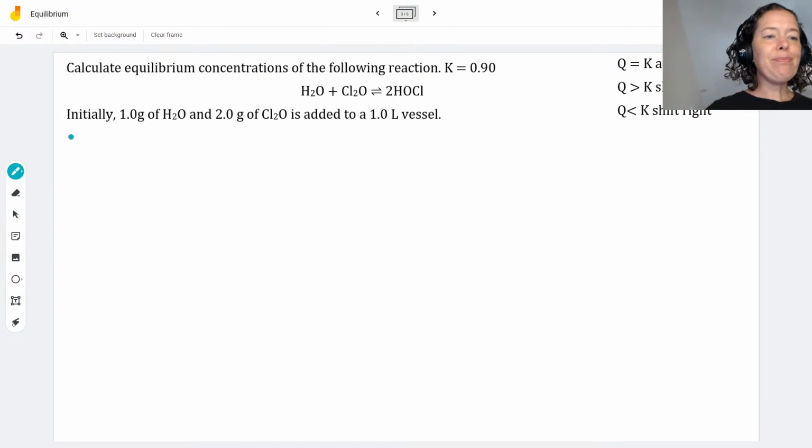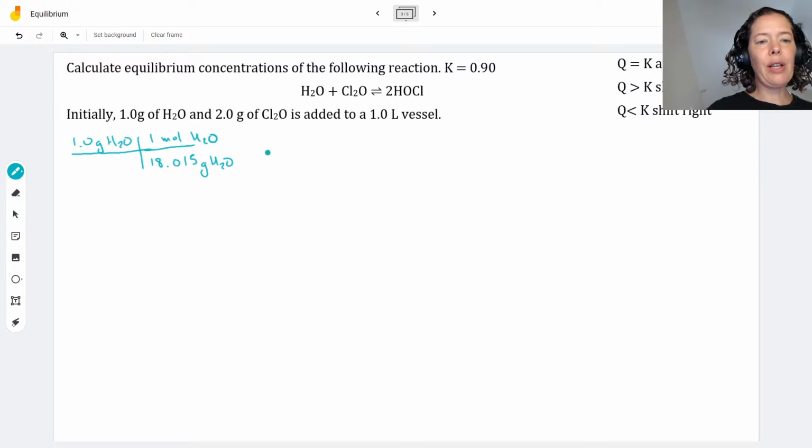All right, so if we have 1 gram of water, we need its molar mass to convert it into moles. And its molar mass is 18.015 grams of water over 1 mole of water.